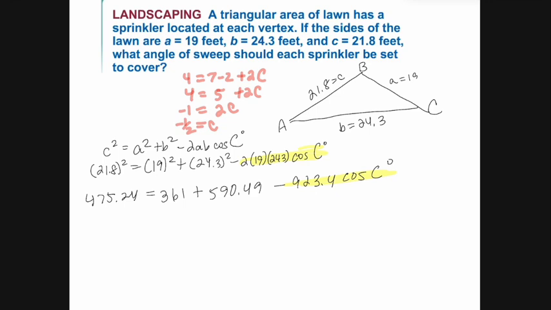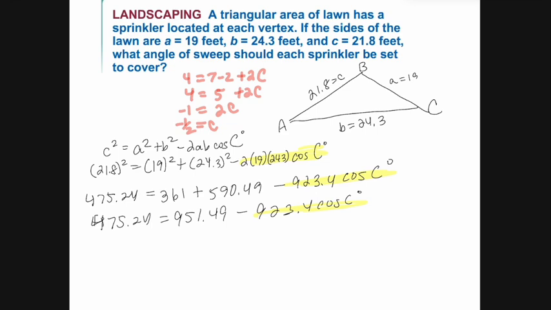Okay, that being said, let's now combine 361 plus 590.49. And so we get 475.24. Sorry about that. 475.24 equals 951.49 minus 923.4 cosine of C, again, which is one thing.